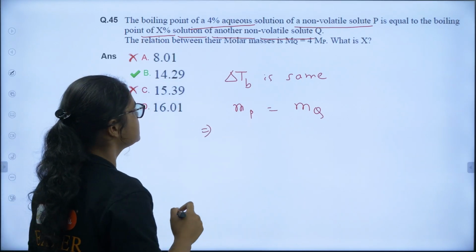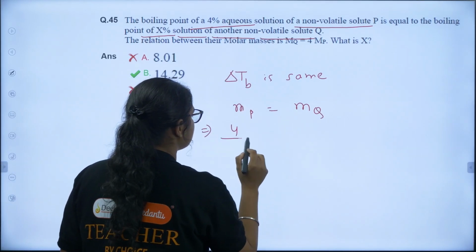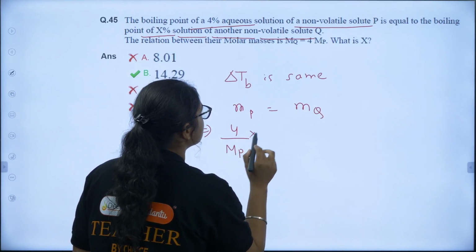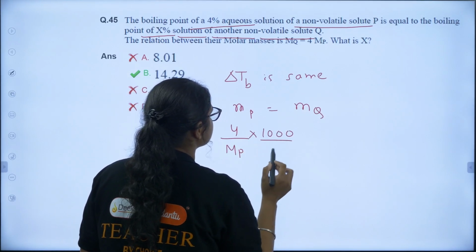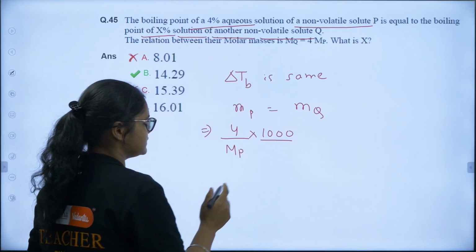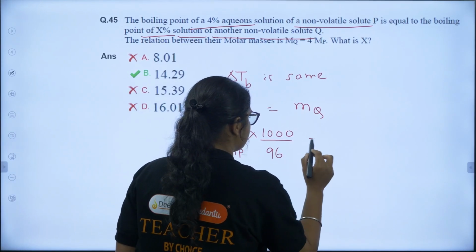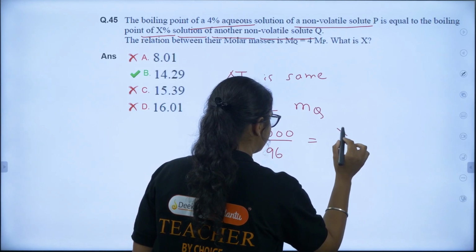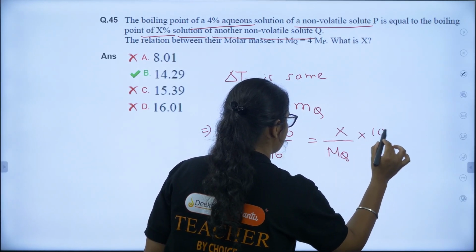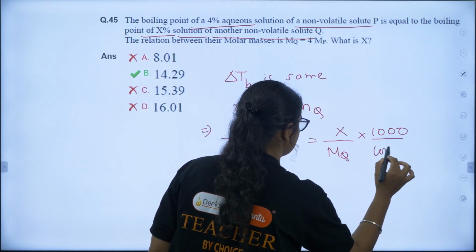Given mass by molar mass. So what is this? 4%, right? Divided by the molar mass of P into 1000 by mass of the solvent. So 100 gram was there and 4 gram is your solute. So how much is this one? 96. That is equal to X% of Q and molar mass of Q into 1000 by 100 minus X, right?